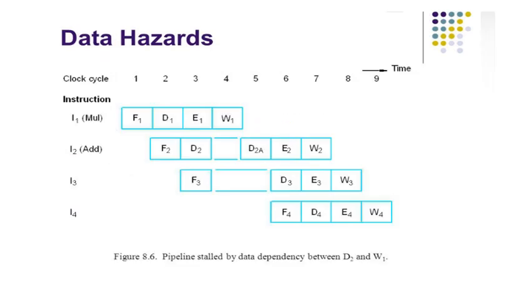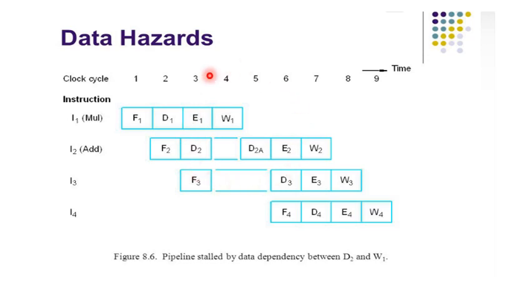Assuming that the multiplication operation takes one clock cycle to complete execution, the pipeline would proceed as shown in the figure.